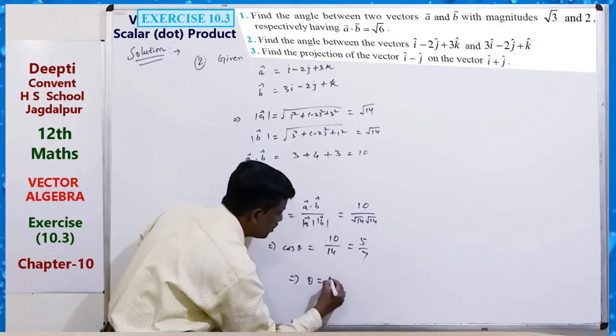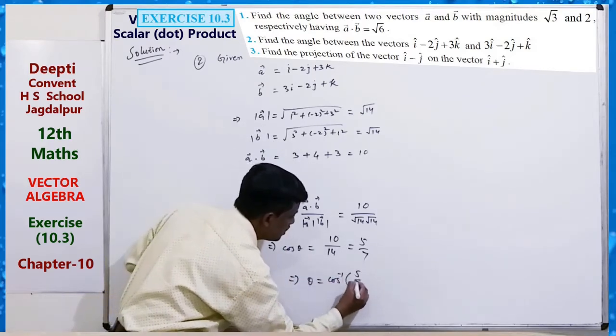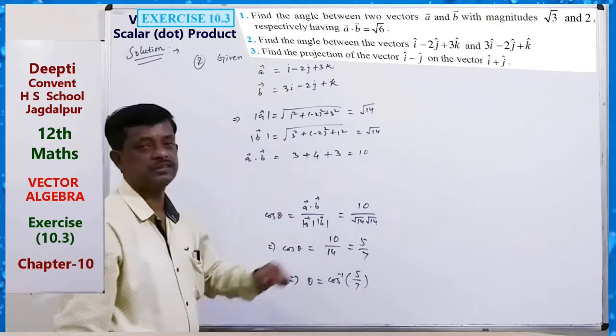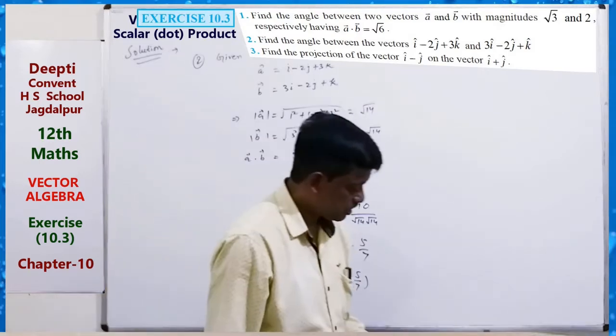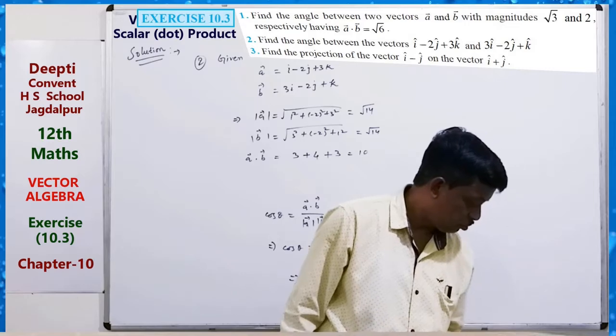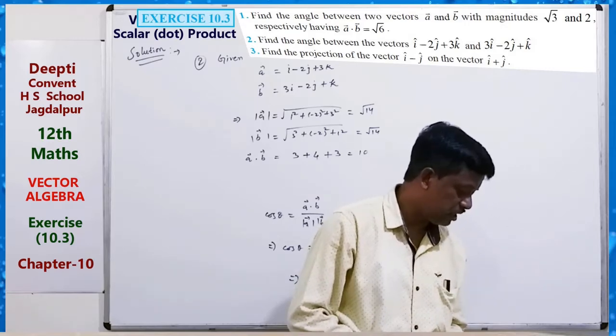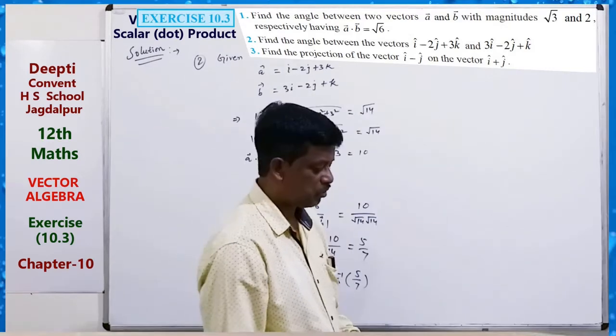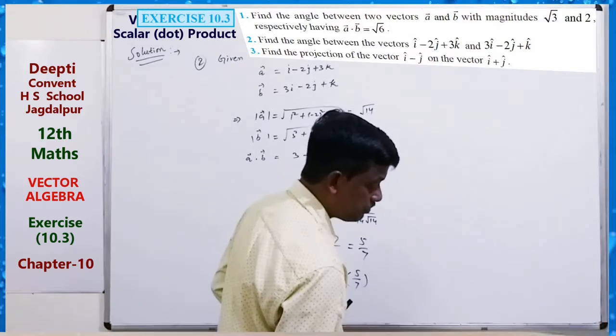Implies theta equals cos inverse 5 by 7. This is the angle. Okay, questions 3 and 4 are on the projection of a vector. Questions 3 and 4 are the same type of questions, just solve them.